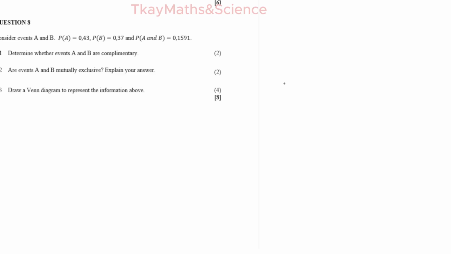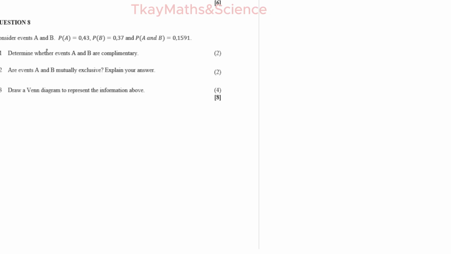We have been given events A and B, for which the probability of getting A is 0.43, the probability of getting B is 0.37, and the probability of getting A and B is equal to 0.1591. They're asking us here, determine whether events A and B are complementary.